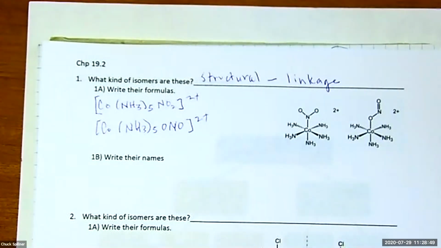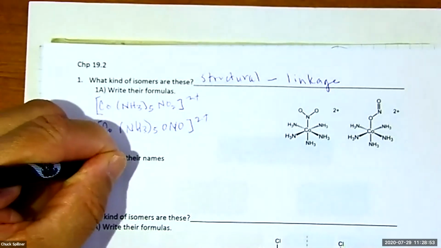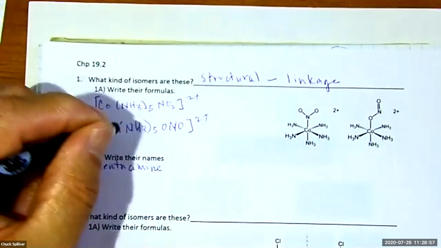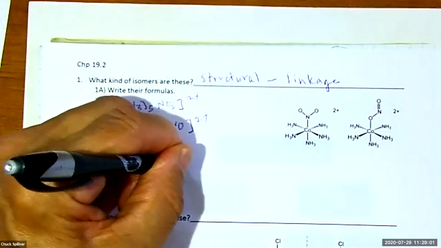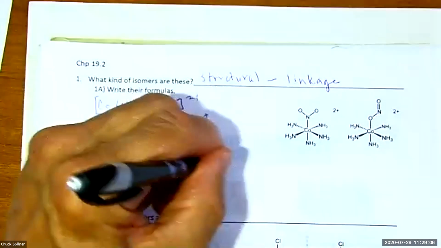What are their names? So we have pentaammine nitro cobalt 3. So the NO2 is called the nitro ligand.